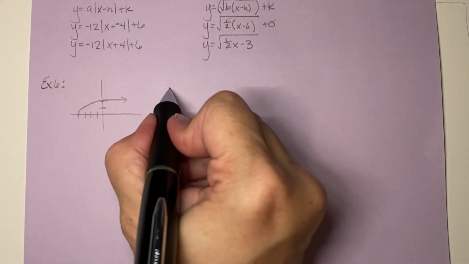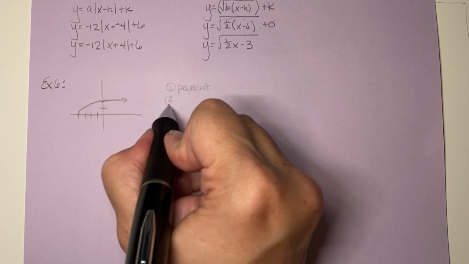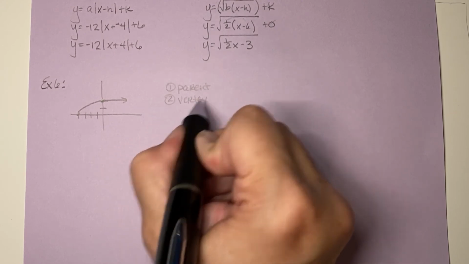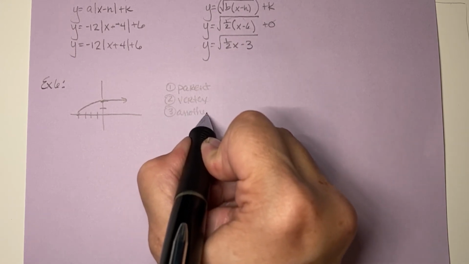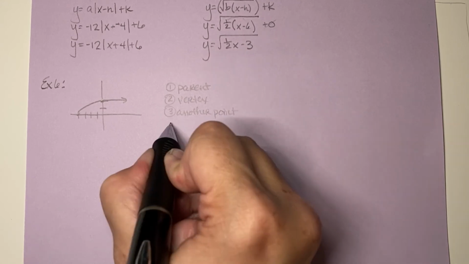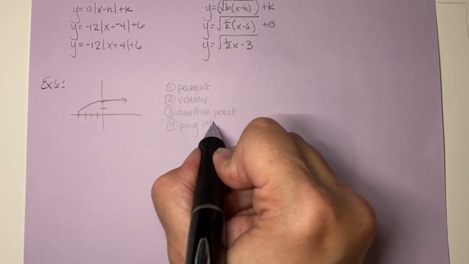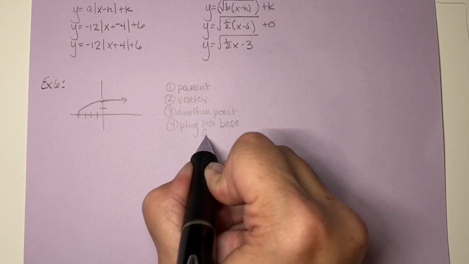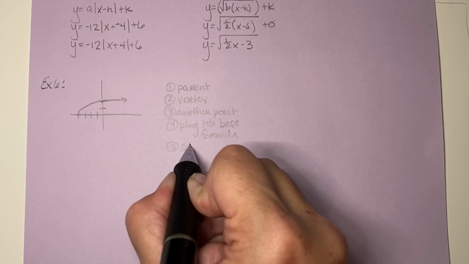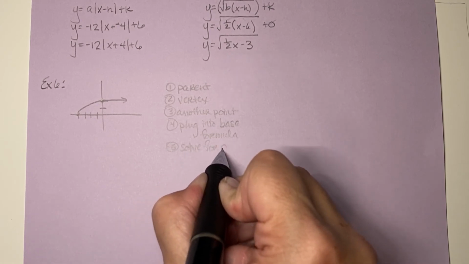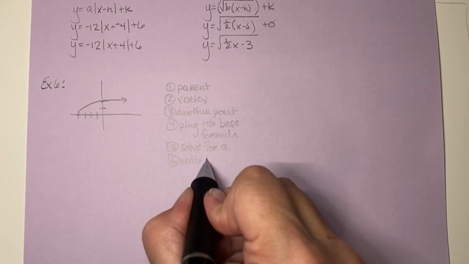The steps for this are: number 1, the parent graph; number 2, the vertex; number 3, find the other point; number 4, plug all of this into the base formula; number 5, solve for A; and number 6, write the equation.